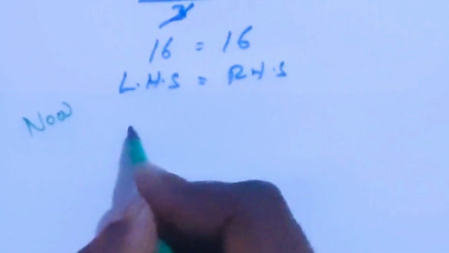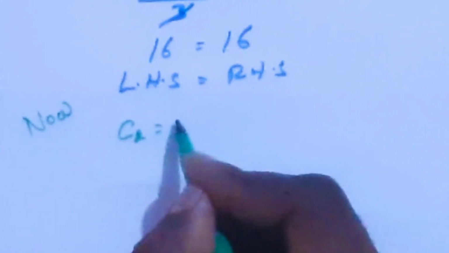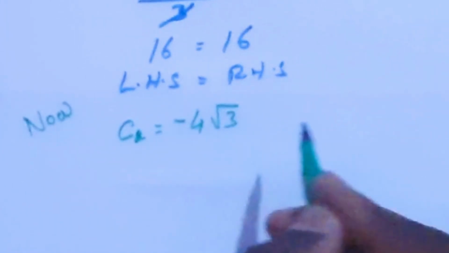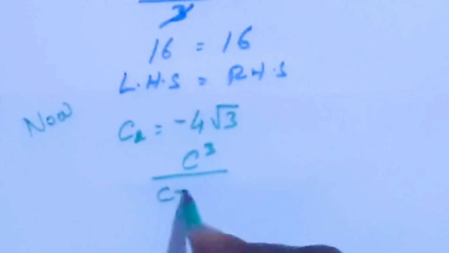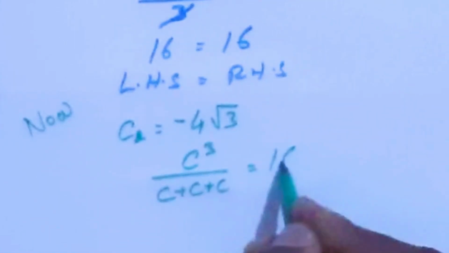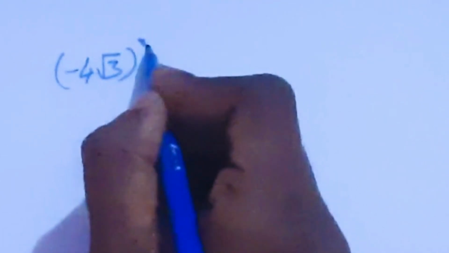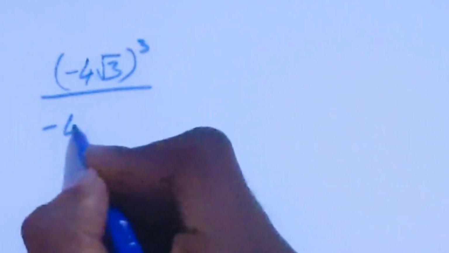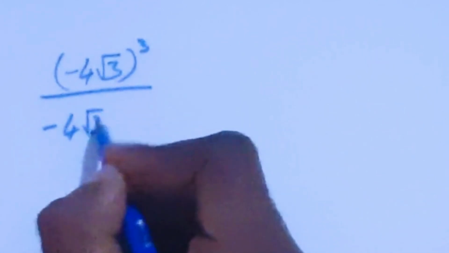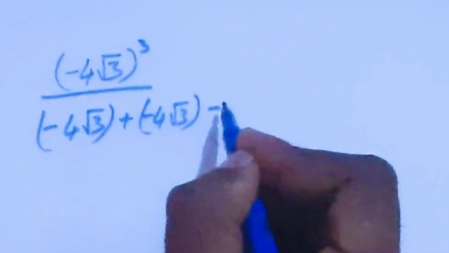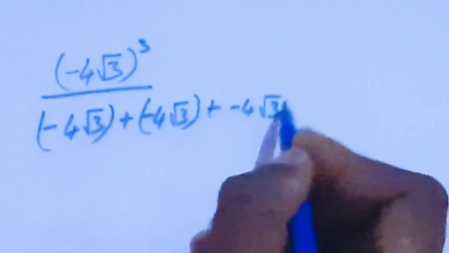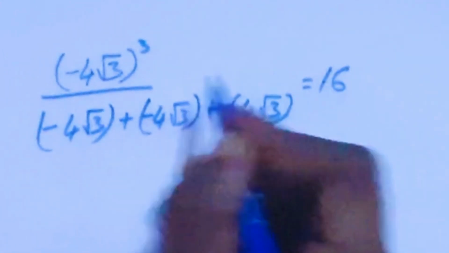Now we are going to apply C2 equals minus 4 square root of 3 on C to the power of 3 by C plus C plus C equals 16. (Minus 4 square root of 3) whole power 3 by minus 4 square root of 3 plus minus 4 square root of 3 plus minus 4 square root of 3 equals 16.